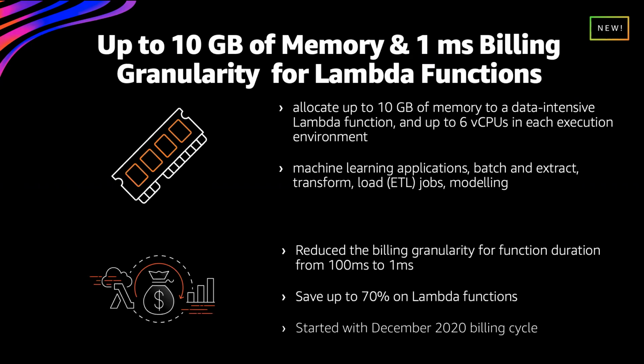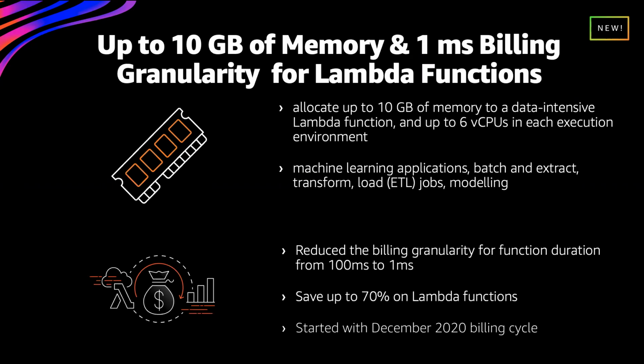The 1 millisecond update is very important for cost as well, especially if you used to have a lot of functions that used to execute or still execute for less than 100 milliseconds. Because what happened before is that all the execution costs were rounded by 100 milliseconds.